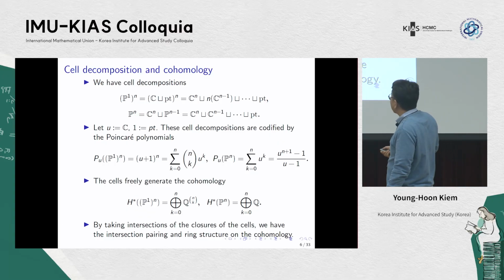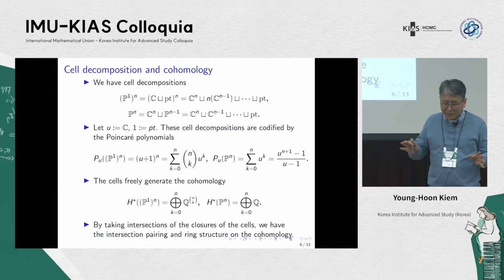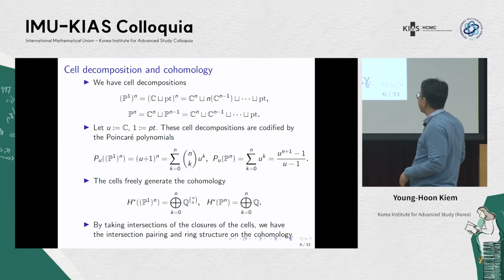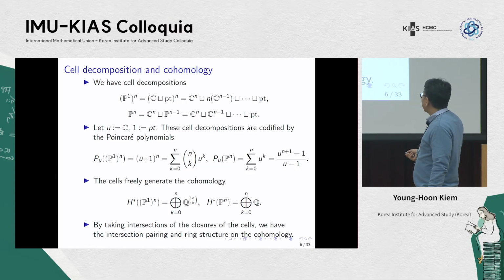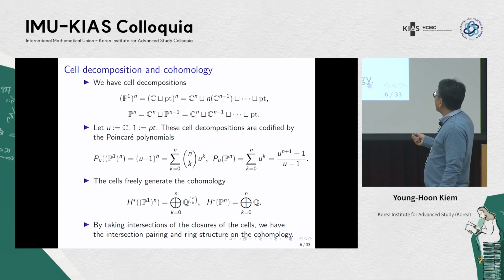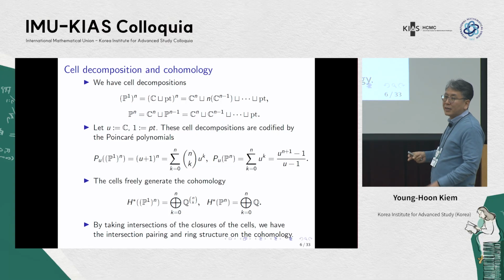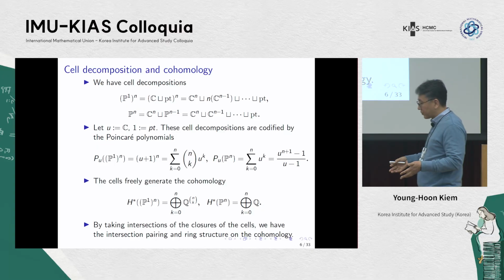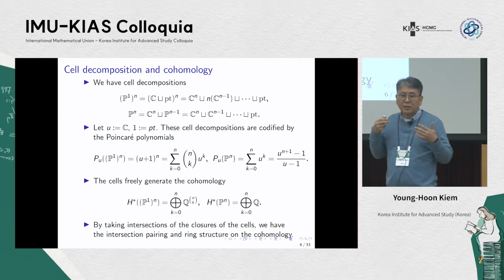Okay, so I didn't want to go into the definition of cohomology theory and so on. In this case, this is enough. Also, you can take the closures of these cells and then think about the intersections of these cells. These intersections give us intersection pairings on this cohomology, and this intersection pairing makes this cohomology not just a graded vector space, but also a graded ring.